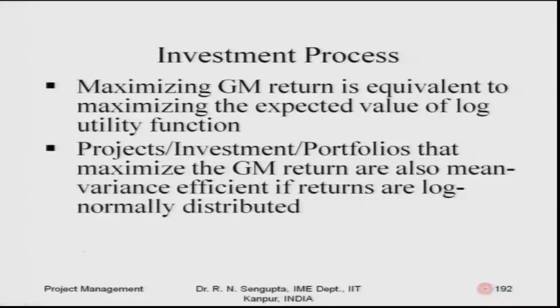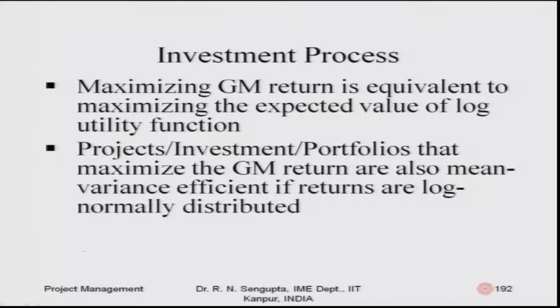Projects, investment portfolios that maximize the geometric mean return are also mean variance efficient. So, I will just discuss in 2 or 3 bullet points. Also mean variance efficient if returns are log normally distributed.